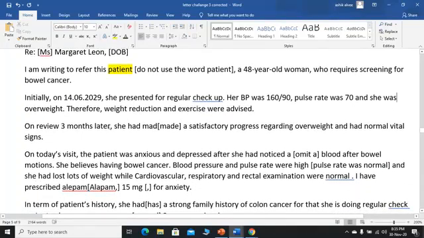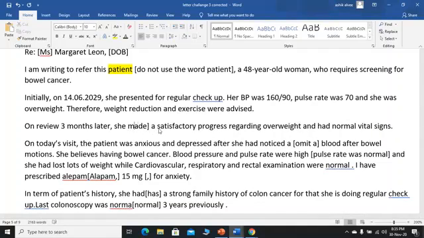"On review 3 months later, she had had a satisfactory progress regarding overweight and had normal vital signs." I think if you just write she made a satisfactory progress, that's good enough. There's no need to use has had or had in these situations. Remember guys, in case of OET writing, you just have to be precise and accurate.